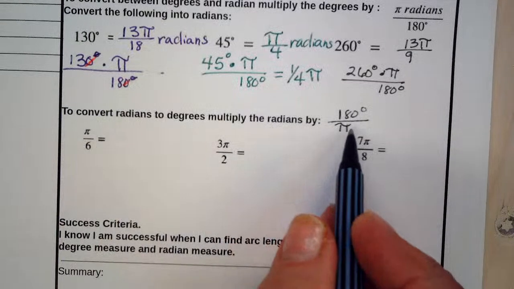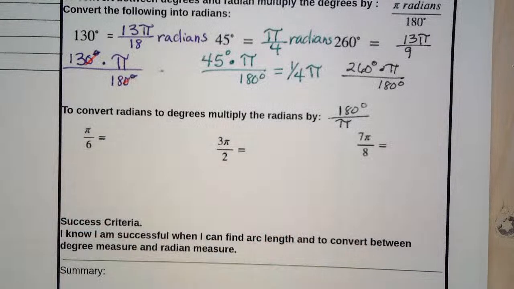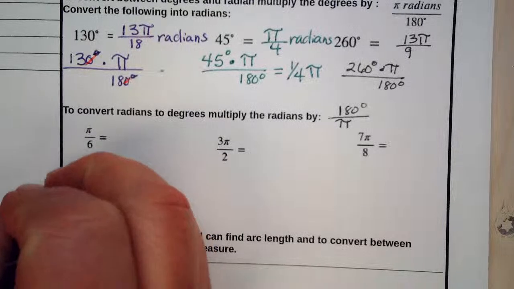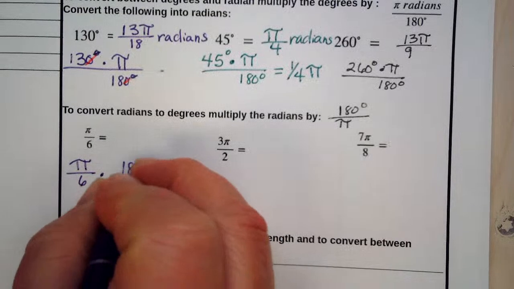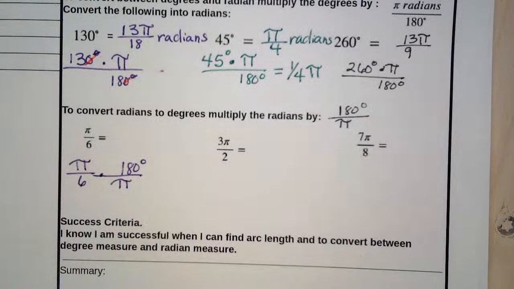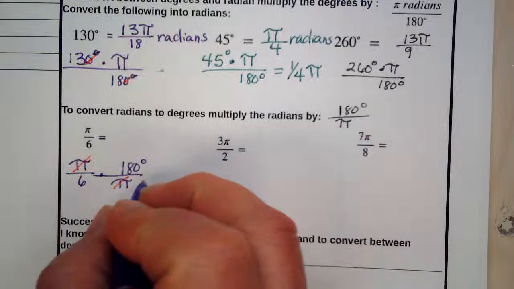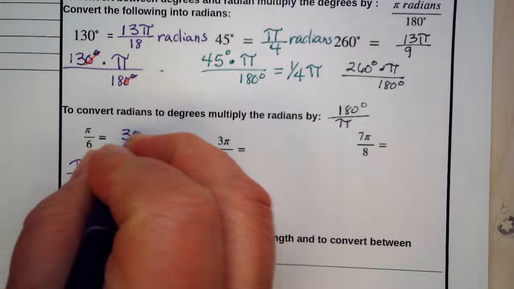When we multiply by 180 divided by pi, our pi's will cancel out. Pi over 6 times 180 degrees over pi. Pi divided by pi cancels out. 180 divided by 6 is 30. So this is equal to 30 degrees.